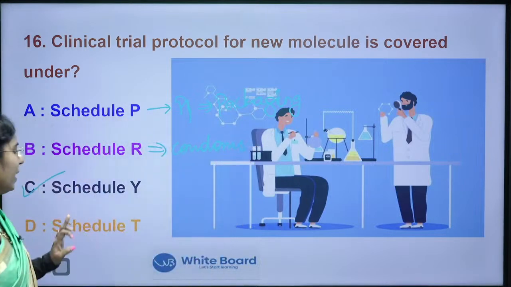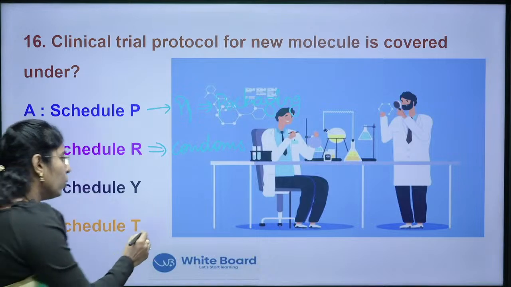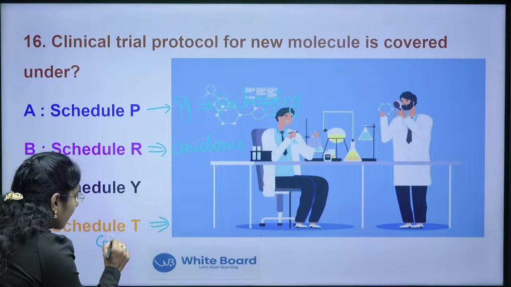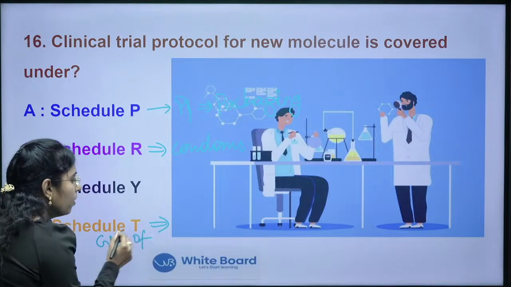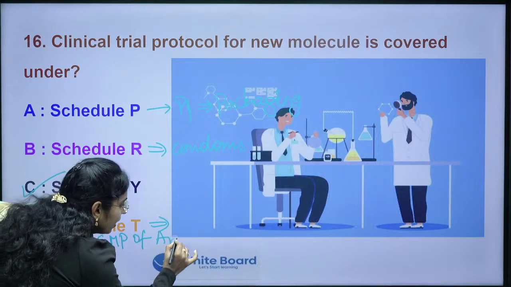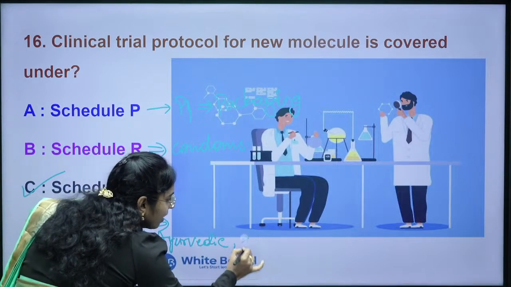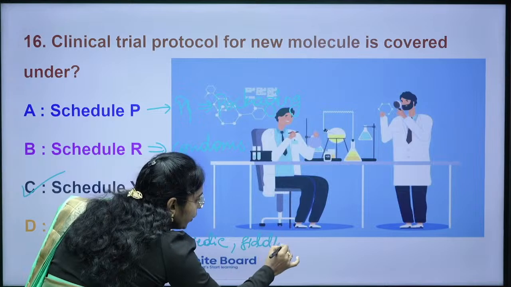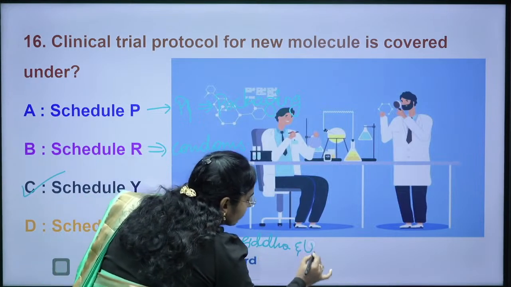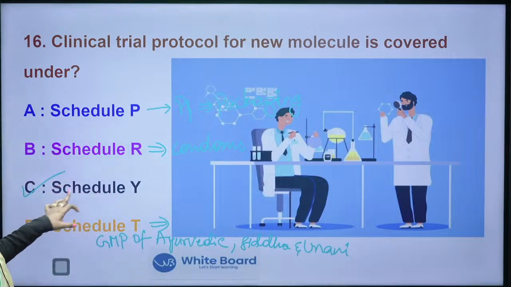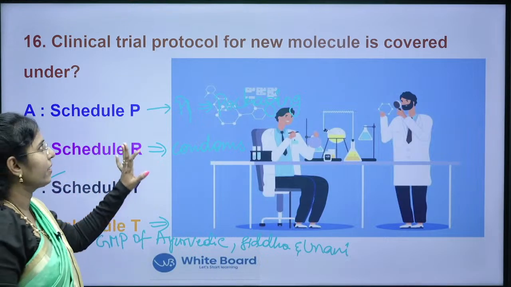And the next one, Schedule T, includes the standards for good manufacturing practices of Ayurvedic, Siddha and Unani. So what is the correct answer? Schedule Y is the correct answer for this one.